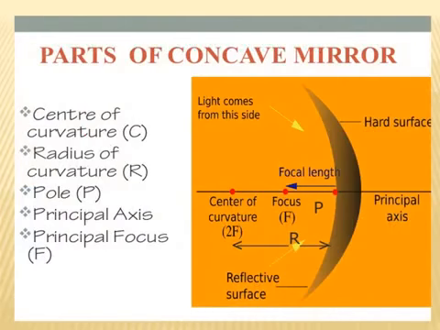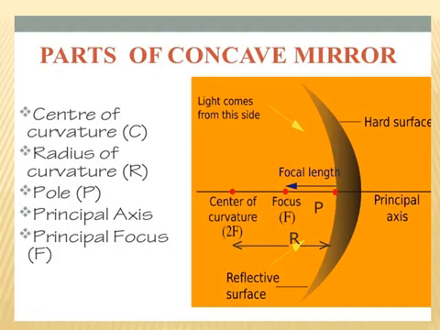This slide is a revision of what we did last week. The figure represents a concave mirror. In a concave mirror, the reflecting part is inside, and the outside surface is the hard, non-reflecting surface. At the center of the mirror a line passes through it, called the principal axis.